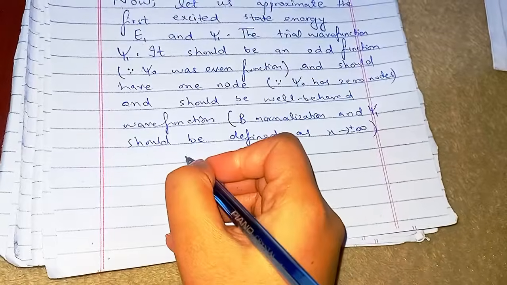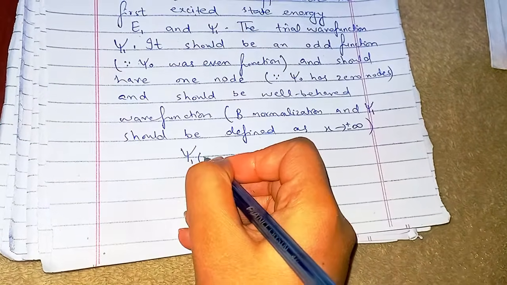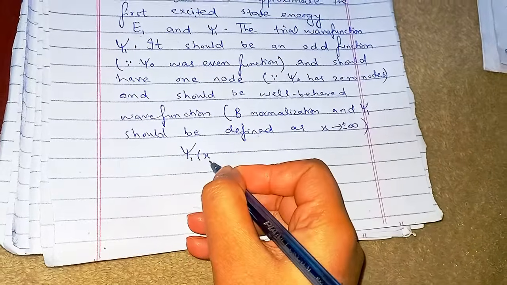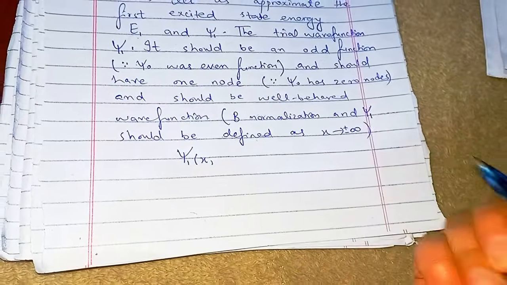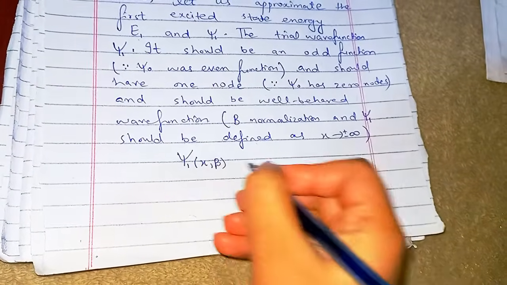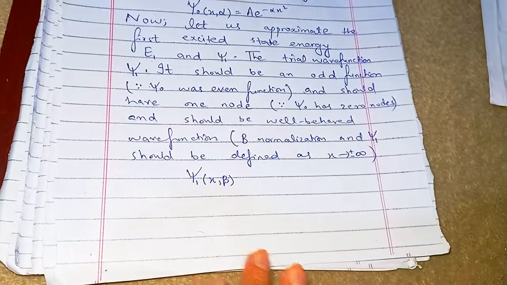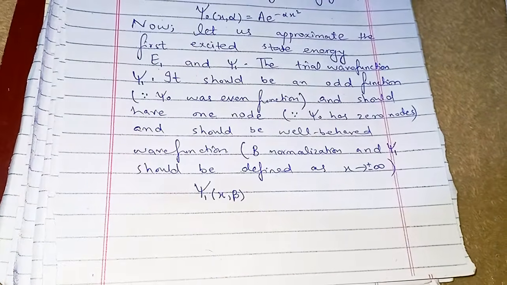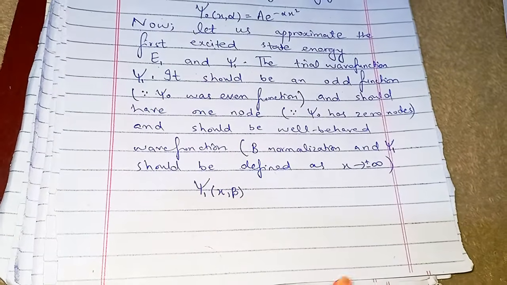Okay, and keeping these things in mind, we devised the following trial wave function, where x will be the variable, because wave functions depend upon the position parameter, and it will depend on another constant, that is the adjustable parameter beta, that is introduced in the variational method to account for the things that we don't have an idea about.